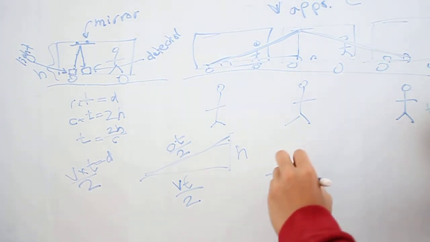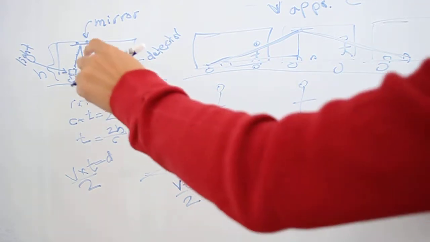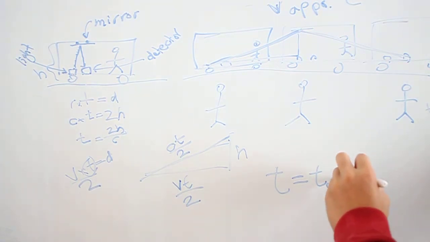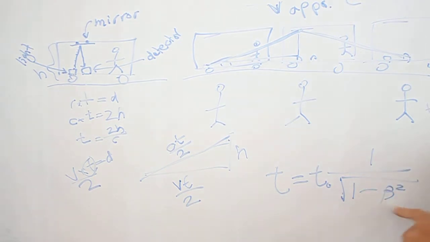The t outside is equal to the proper time, which is the time it takes for this event to happen, times 1 over the square root of 1 minus beta squared. Beta is v over c, so beta squared equals v squared over c squared.